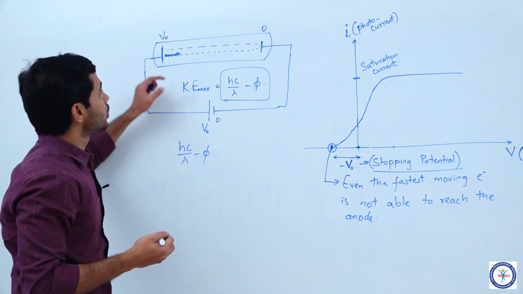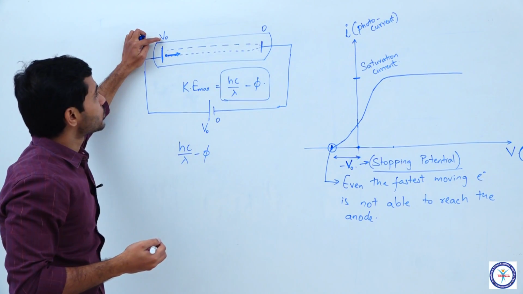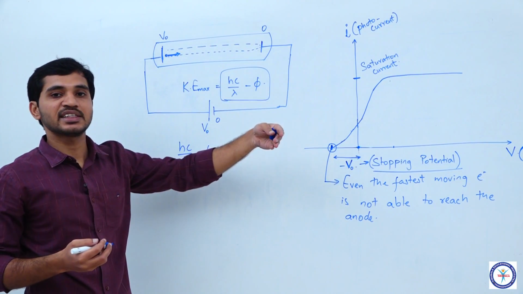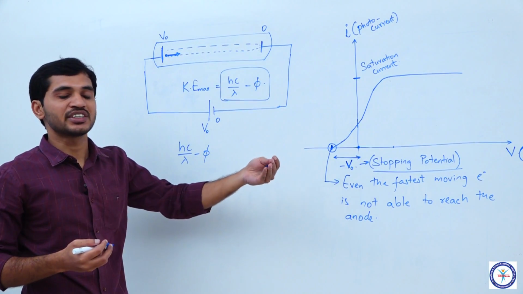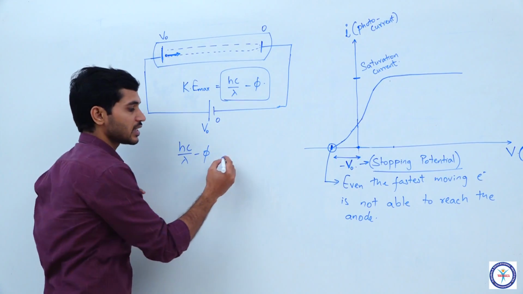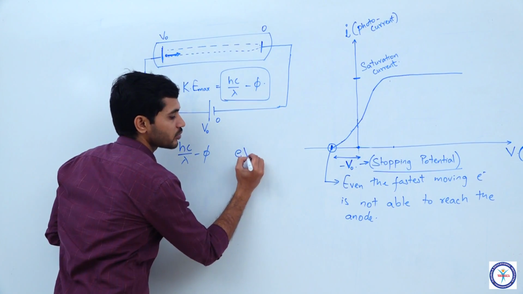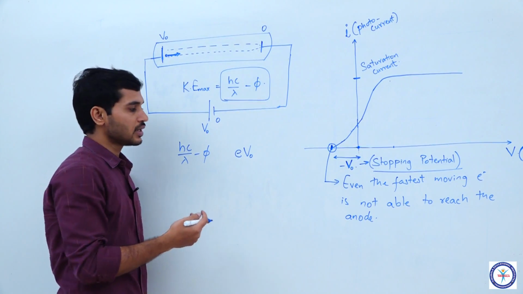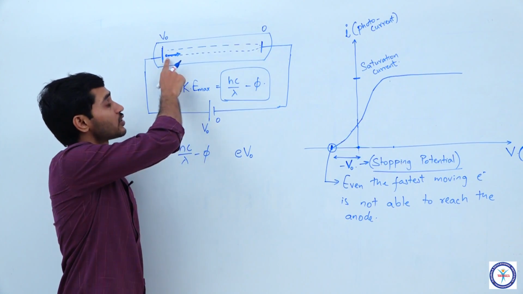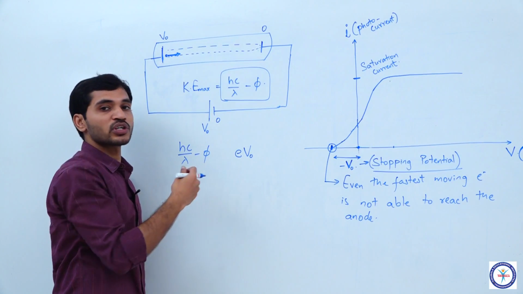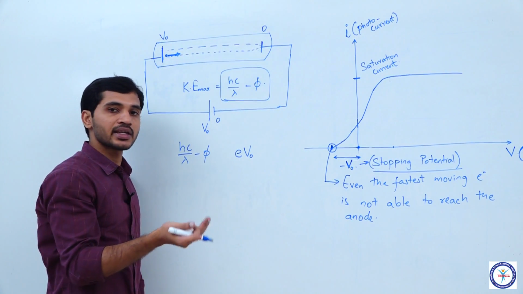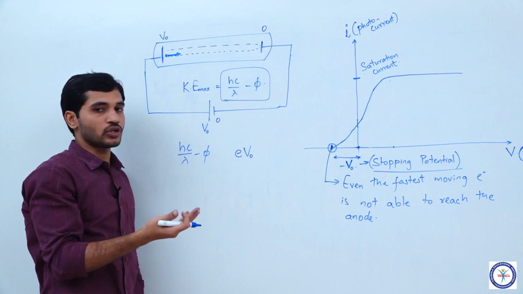You all know that if the electron goes from V naught to 0, its potential decreases by V naught, which means its potential energy increases by E times V naught. We have learned this just earlier in the prerequisite class. If the charge of the electron is E and its potential decreases by V naught, its potential energy increases by EV naught.